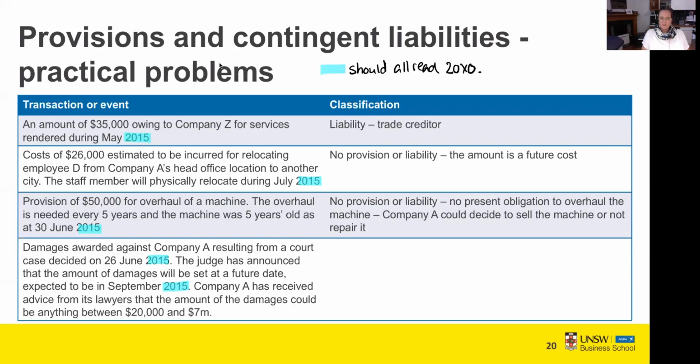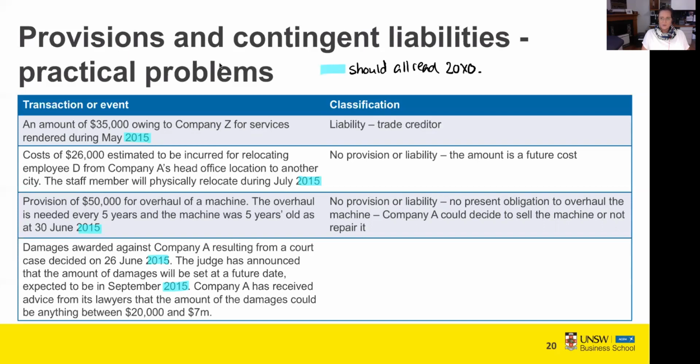There is no present obligation. The company may have their own internal accounting policy here, but there is no legal requirement, there is no legal obligation, and there is no constructive obligation because there are no other external parties involved in this decision.